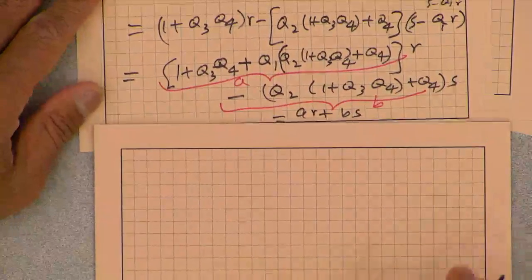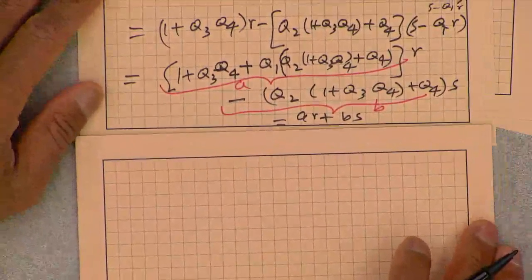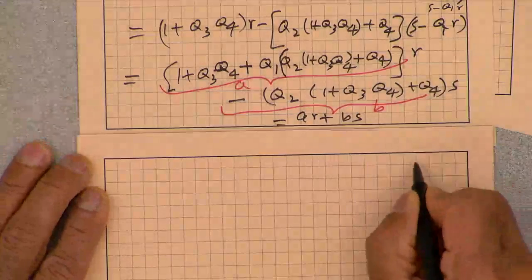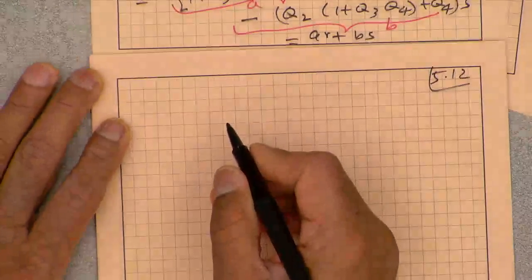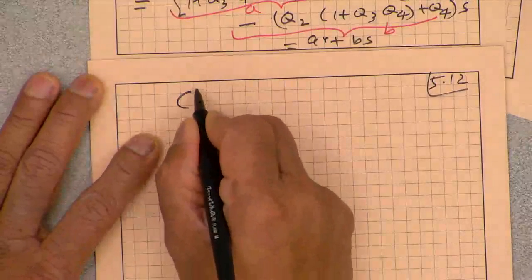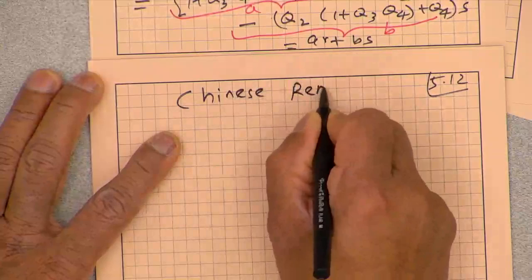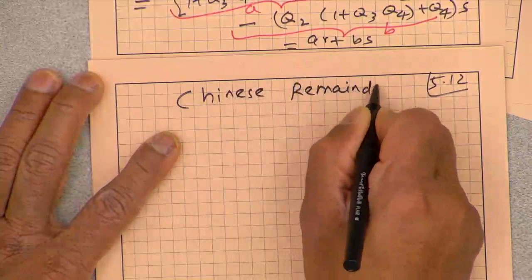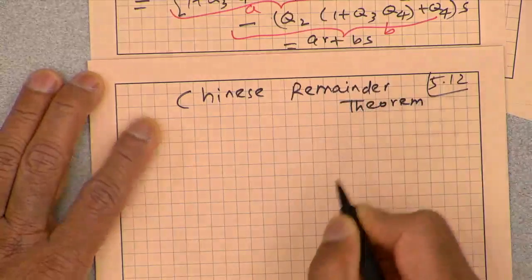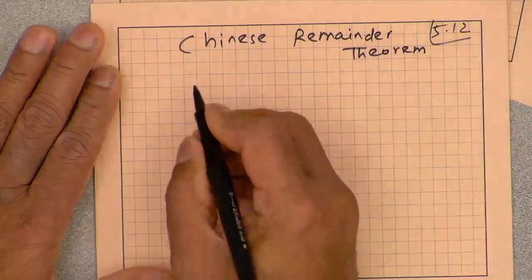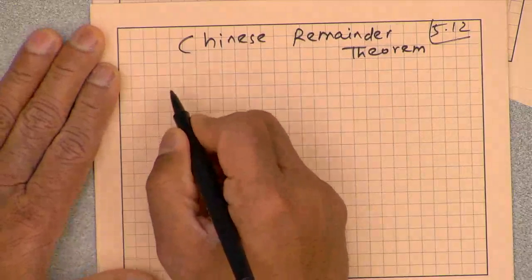the Chinese remainder theorem. Okay, what exactly is the Chinese remainder theorem? So the idea here is, let's say that I have a big number 60.